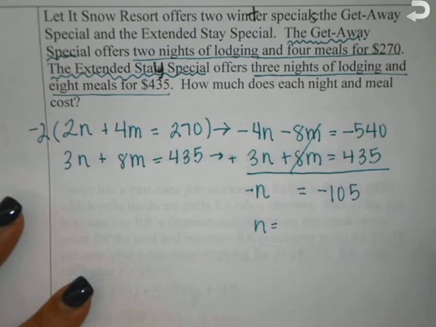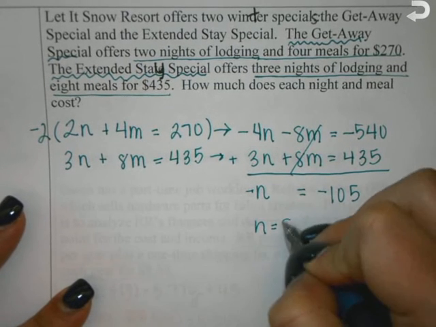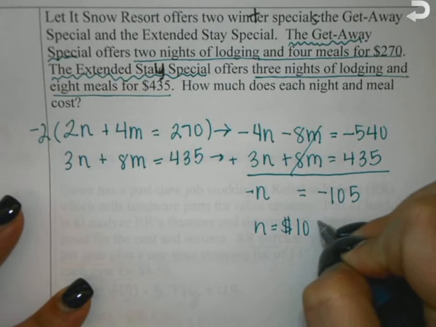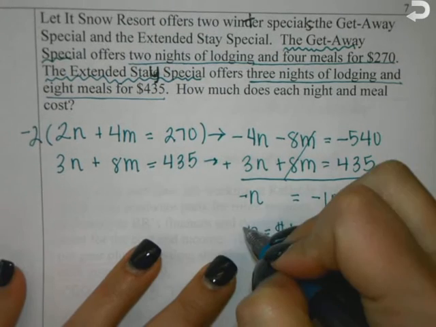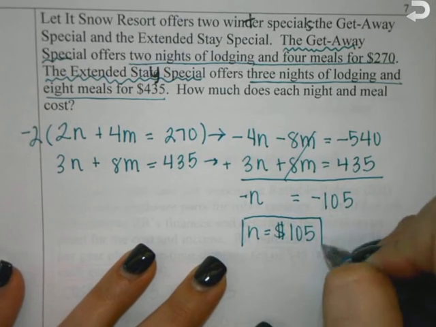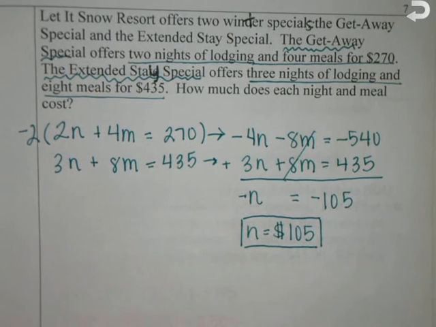Positive 105 what? Dollars. So make sure you put the dollars. Now, because this is a word problem, and we're talking about dollars, you can leave your variables separate. So in the word problems, you do not have to put your answer in an ordered pair, because we're talking about dollars, and with the ordered pairs, we don't put dollars, right? So you can just leave it as n equals 105.